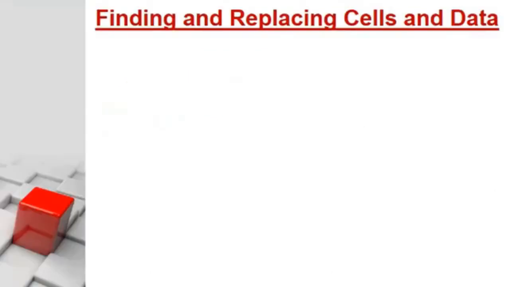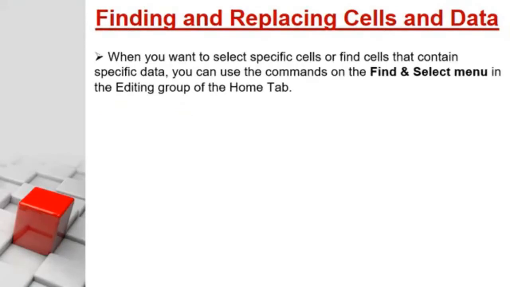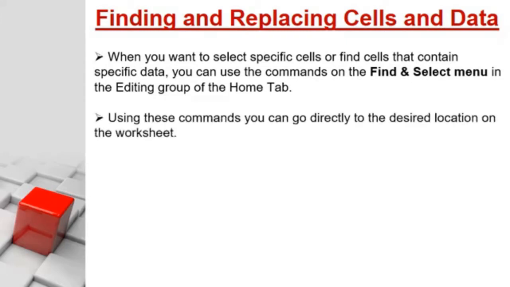How to find and replace cells and data. When you want to select specific cells or find cells that contain specific data, you can use the commands on the Find and Select menu in the Editing group of the Home tab.